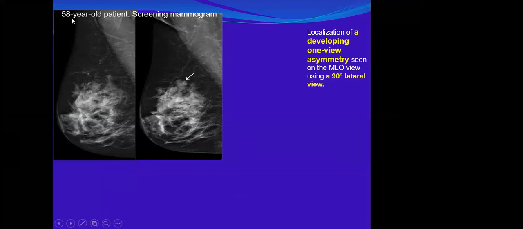And what about this? A 58-year-old patient, screening mammogram. This is the previous and this is the current. So you have a developing asymmetry.